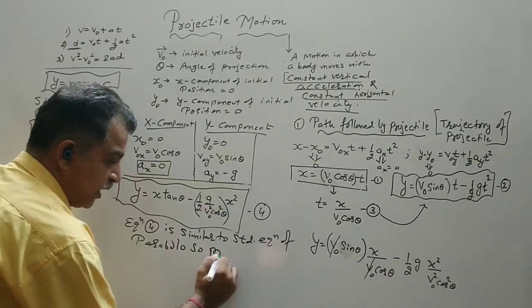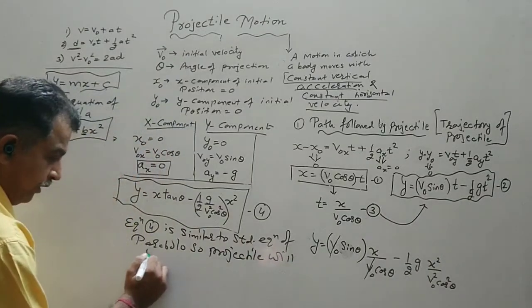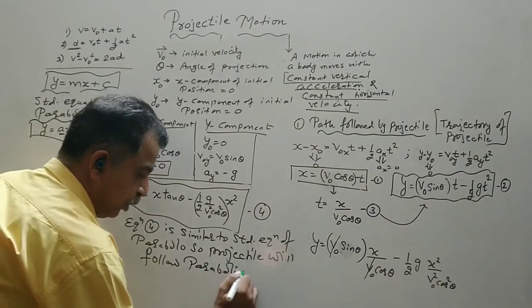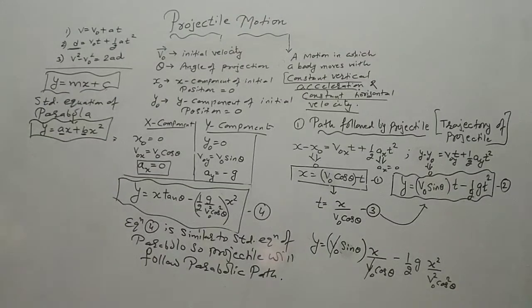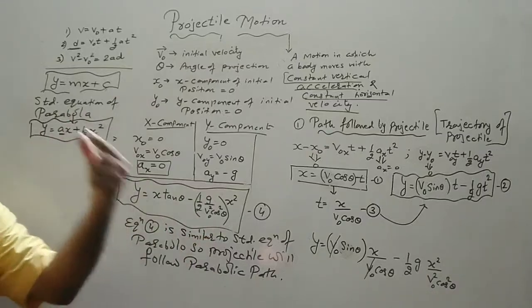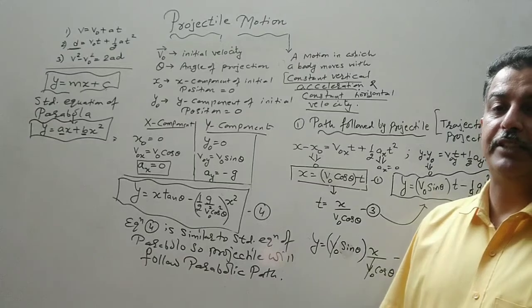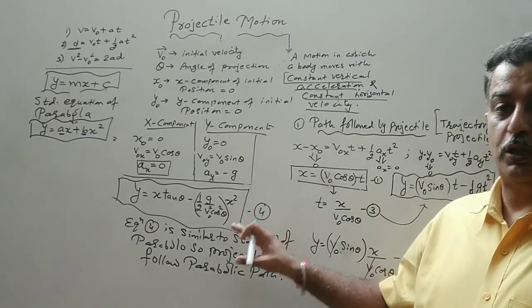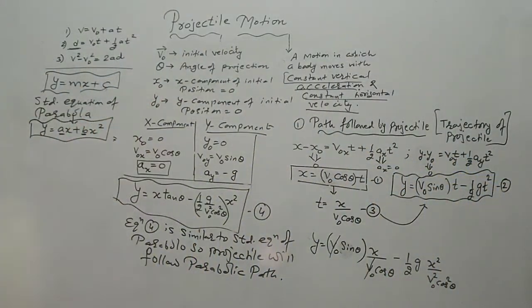So a projectile will follow a parabolic path. We have mathematically derived this equation. So we can say whenever a body is projected, making an angle theta with the x-axis, it should follow a parabolic path, because this equation comes out to be similar to the standard equation of a parabola.